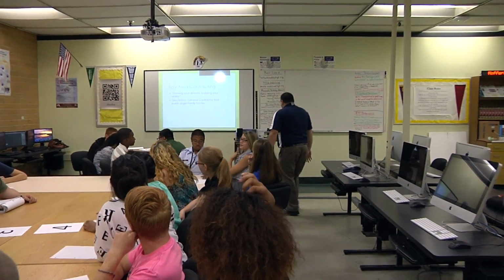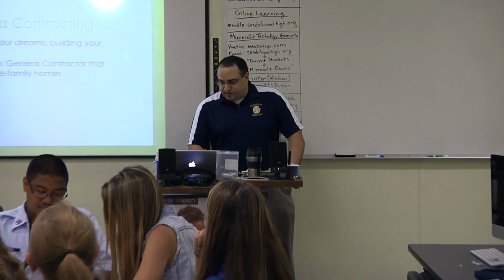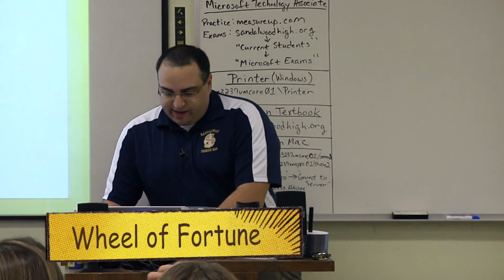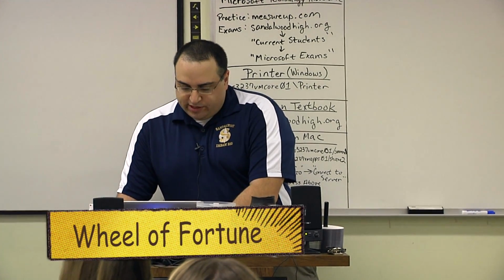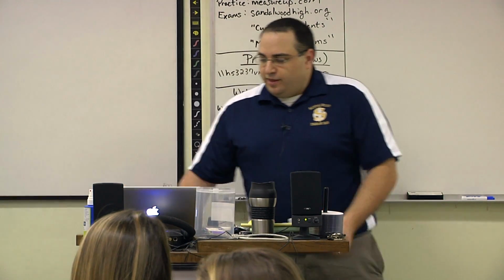All right. Well, I was circulating around and I saw some good stuff. So let's take a look at what some of you have done. We're going to go through the famous Wheel of Fortune we have here. All right. Dalton's actually, oops, that's bad luck.